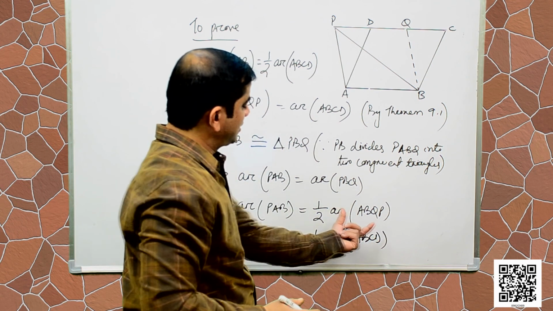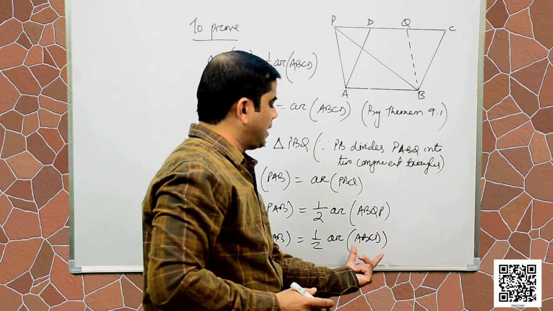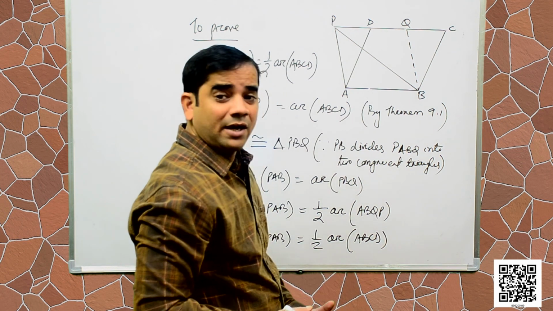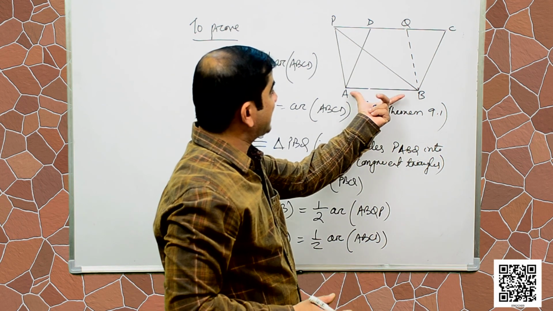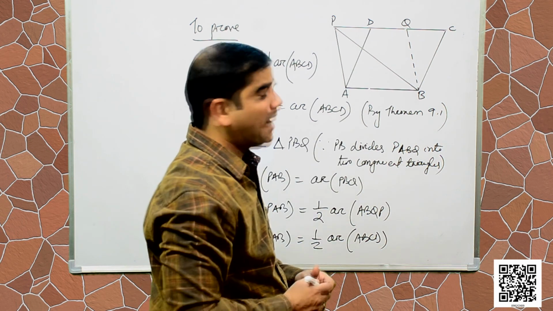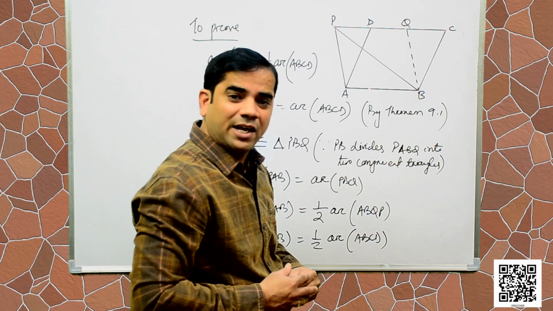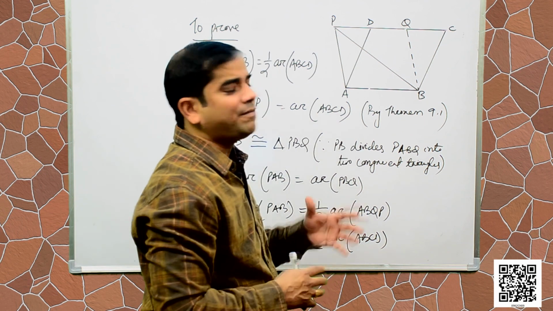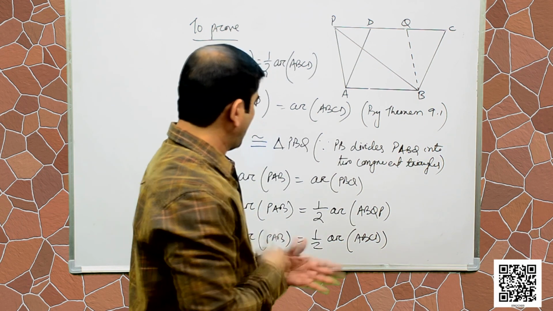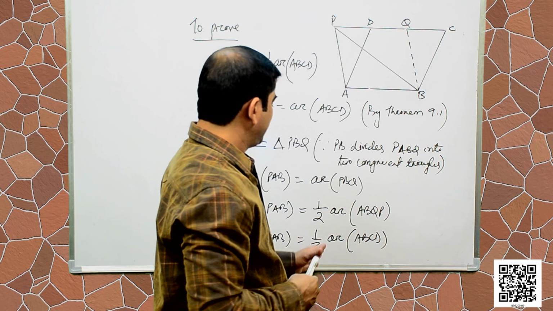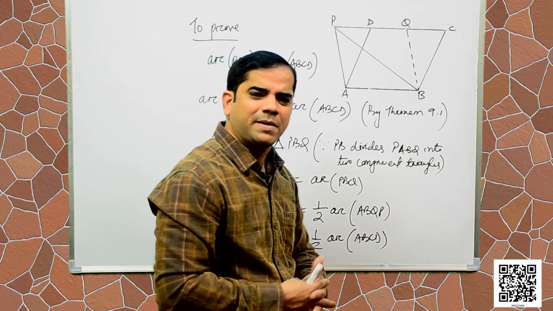Why? Because parallelogram ABQP and parallelogram ABCD are on the same base AB and between the same parallels. So, from theorem 9.1 we know that they have equal area. So, half of ABQP is equal to half of area ABCD.